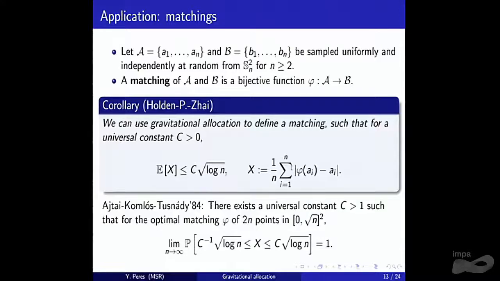Now, by this theorem I mentioned before of Ajtai, Komlós, and Tusnády, that's optimal. So the optimal matching is of order root log n. They proved it in the square, but the proof works equally well on the sphere. Okay, so that's the statement.